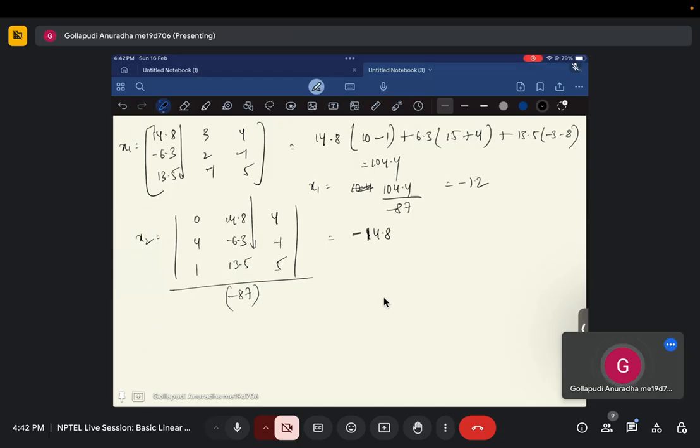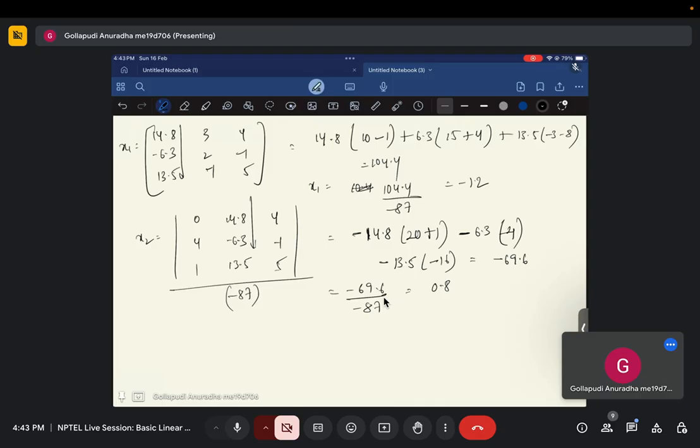Minus 14.8, 20 plus 1, and minus 6.3, the cofactor is 1 for this, into minus 4, and minus 13.5, the cofactor is minus 2, to minus 60. Ultimately, if you solve, you will be getting minus 69.6 something. Then minus 69.6 by 87 will be 0.8.